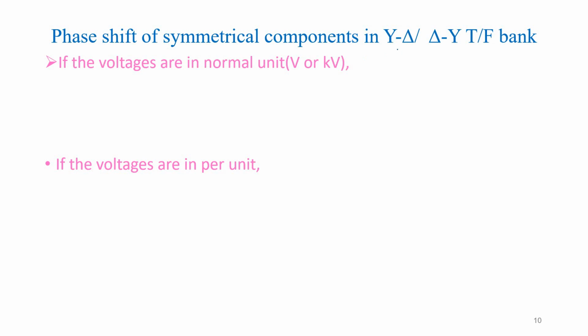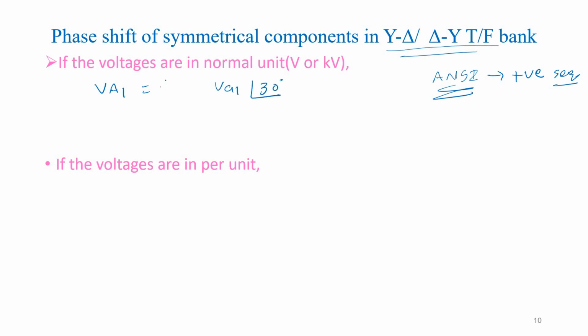This phase shift we are following with respect to the American National Standards Institute. They say the high voltage side should lead the low voltage side by 30 degrees. That means the high voltage side with respect to the positive sequence. These statements are with respect to the positive sequence only, not the negative sequence. So the positive sequence high voltage side voltage should lead the low voltage side by 30 degrees.